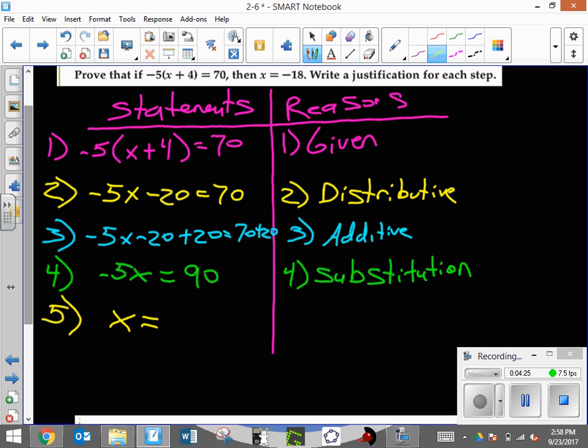And you say, hey, I'm dividing by -5, and when I divide by -5, that's going to get me a value of x equals -18. And the property that we would list there is division, because that's what I'm doing to both sides. Again, if you want to do it like the book does it in steps 3 and 4, or if you'd like to jump it straight from 4 to 5, I'm perfectly fine with that. Okay?